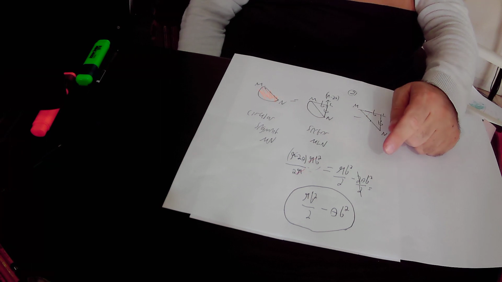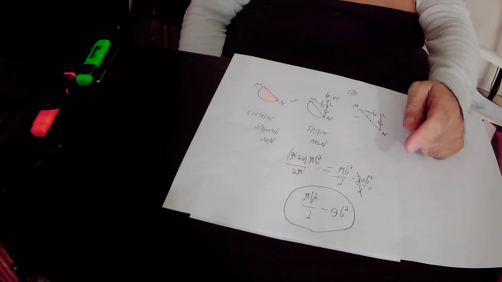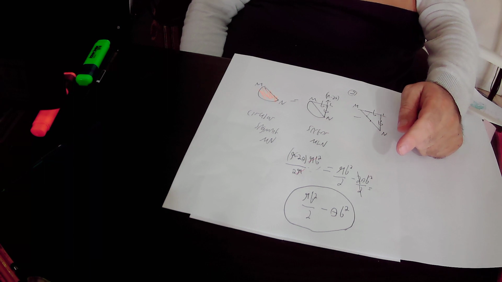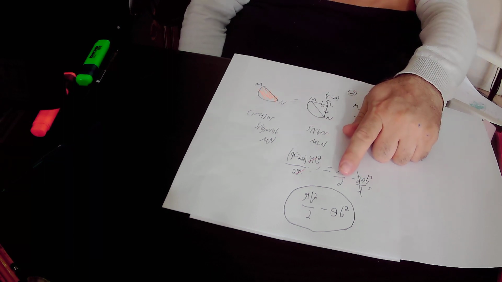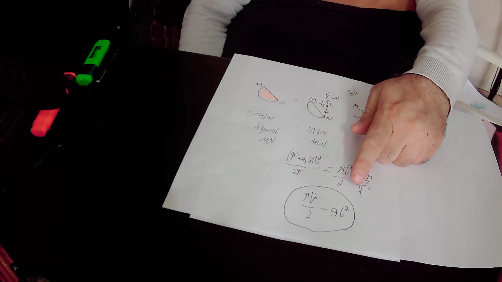Okay, so here, in conclusion, the area of sector MON equals πb²/2 minus θb².